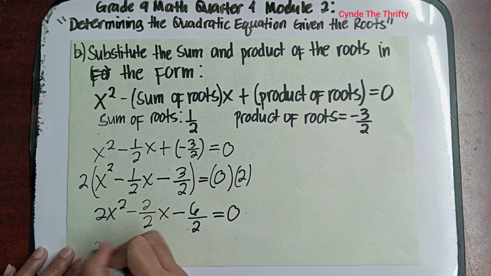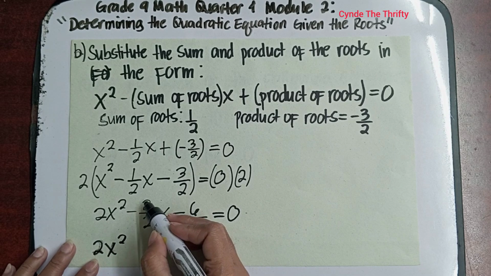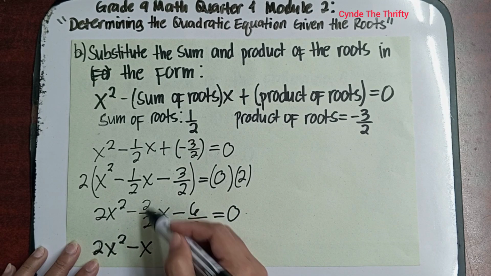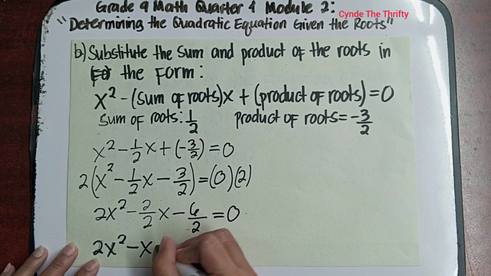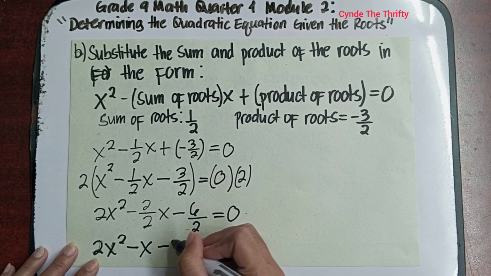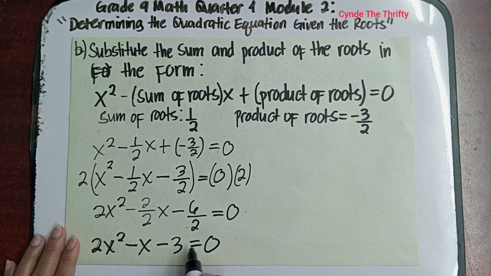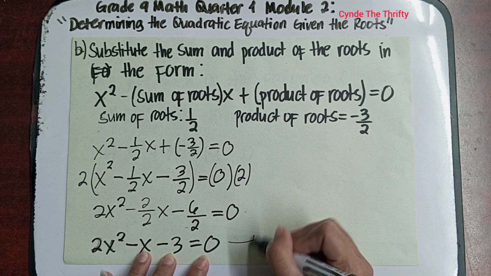So, kopyahin si 2x squared. 2 divided by 2 is 1, so ang maiiwan is minus x, kasi 2 divided by 2 is 1. Automatic si x merong 1. Minus 6 divided by 2 is 3 is equal to 0. Okay, so ito na yung equation natin. 2x squared minus x minus 3 is equal to 0.